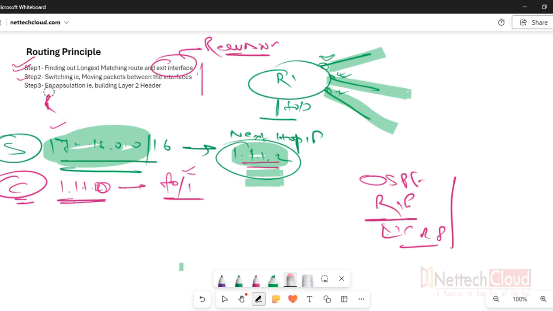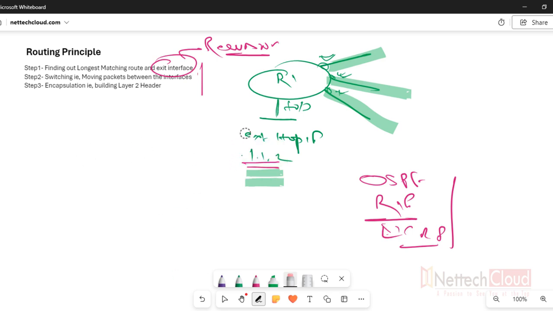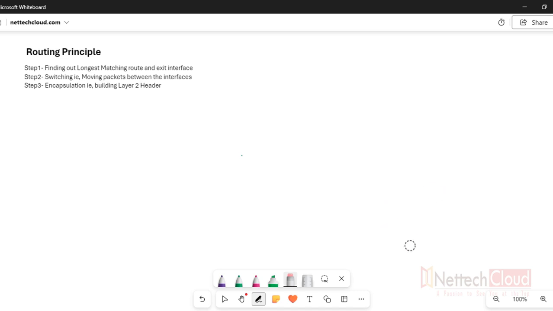So the first point is finding our longest matching route and then the exit interface, right? If the exit interface is not known, then multiple routing table lookups are done, like recursion or reverse routing table lookup. So if the next hop IP is maybe 4.5.6.7.8, now the router will check the routing table: how do I reach 4.5.6.7.8?